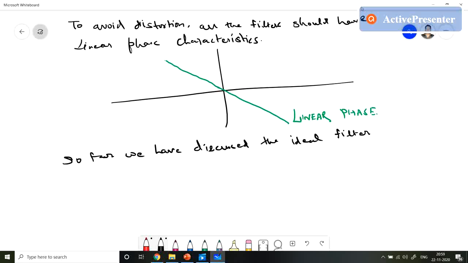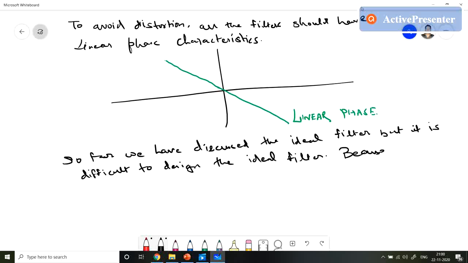But it is difficult to design the ideal filter because of the sharp cutoffs.